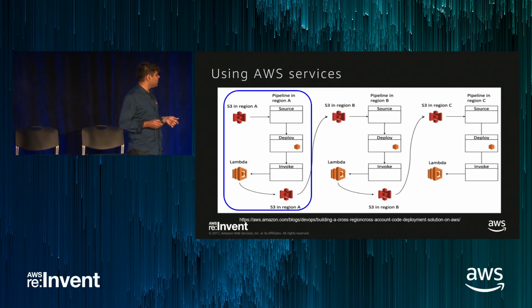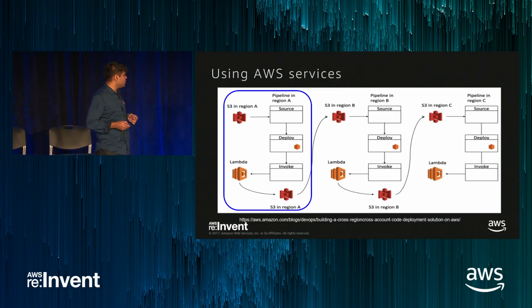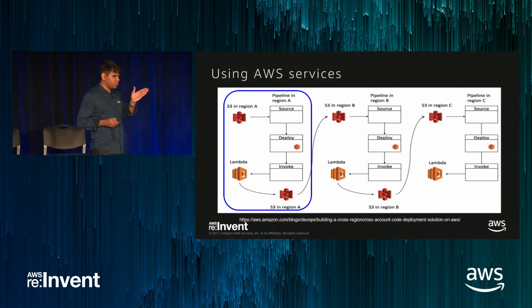And once it is done, it invokes a Lambda function, which copies the code to the second region. Basically, it places it in a certain place from where, using cross-region S3 copy, the code gets copied to the other region. Then the moment it arrives in the other region, S3 sends out a notification when new files arrive, if you configure it to.